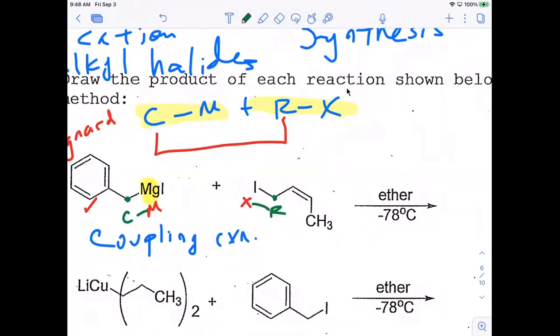Are y'all following that? So what I'm trying to do, and we're not necessarily going to go through the mechanism of how this happens, because it's debated as to whether this is a polar mechanism or a radical mechanism. So we're not going to worry about the mechanism. We're going to focus more on the outcome.